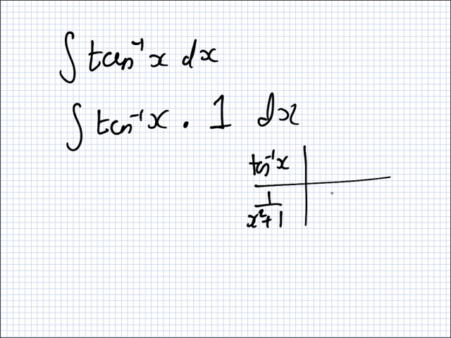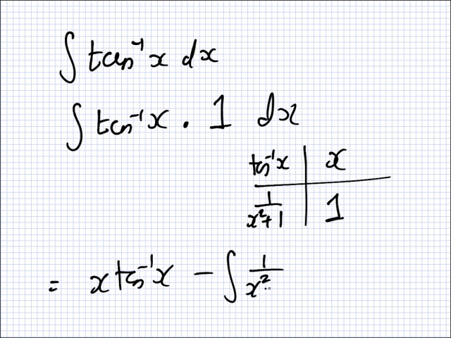G derivative is 1 and g is x. So this is equal to fg minus integrate f derivative. What's f derivative here? 1 over x squared plus 1 times g, which is x. Okay. Side problem. So now we have to integrate this.